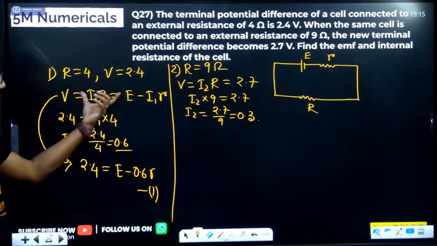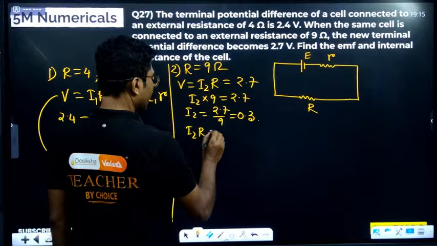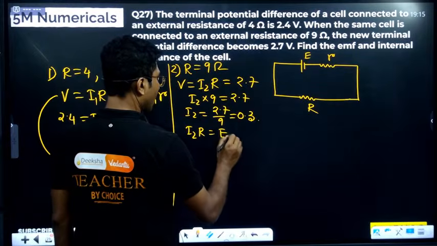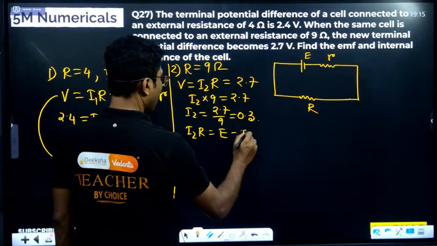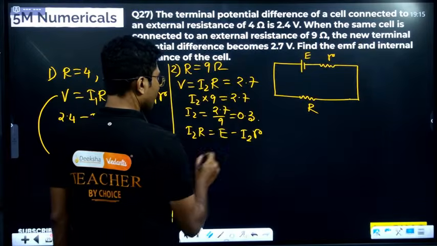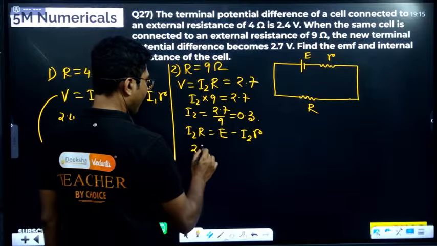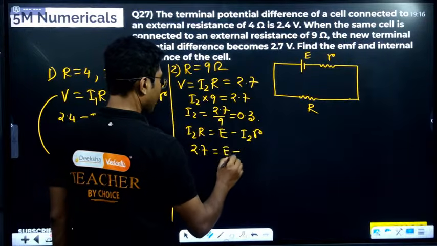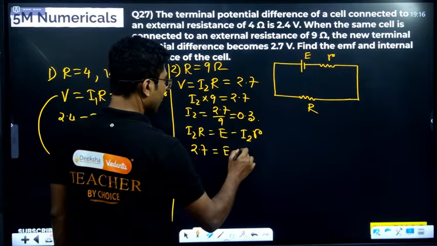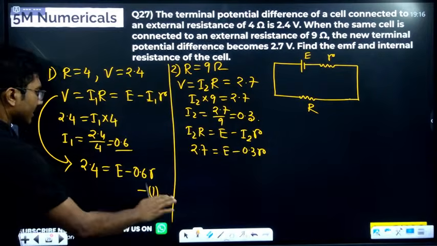Now again we are going to use the same equation. I2R equals E minus I2 small r, E remains same. So that is 2.7 equals E minus 0.3 r.